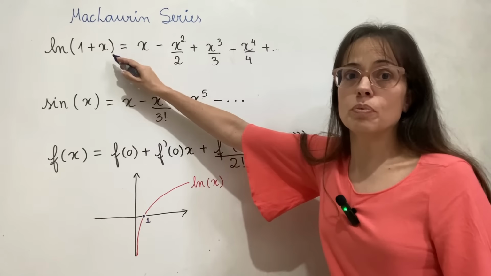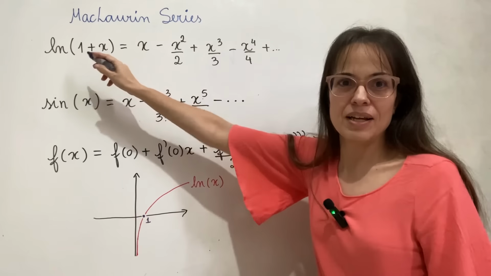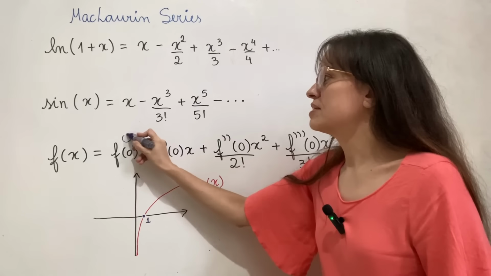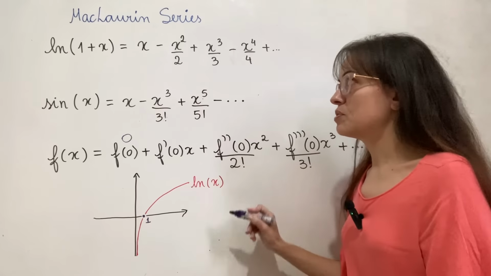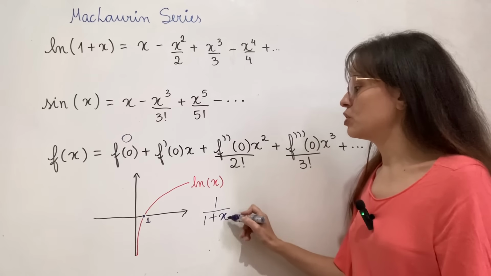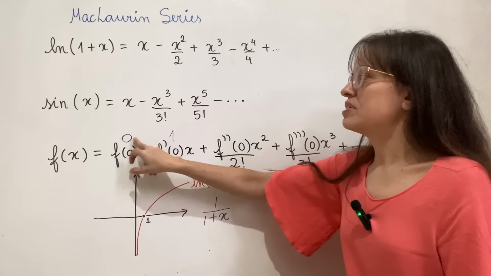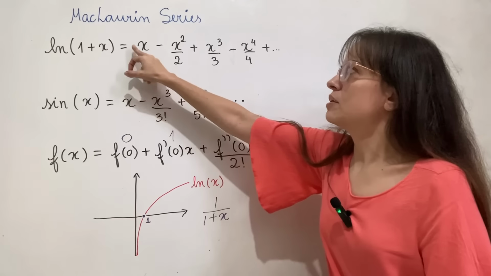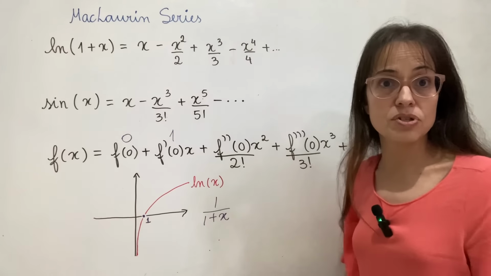X is still 0, but when x is 0, f of 0 is ln of 1, which is 0. And then f prime of 0, well, the derivative of that is 1 over 1 plus x, which when x is 0, is 1. So that's why you have a 0 constant term there and a 1 coefficient for the x, and you could go on and get the other terms.